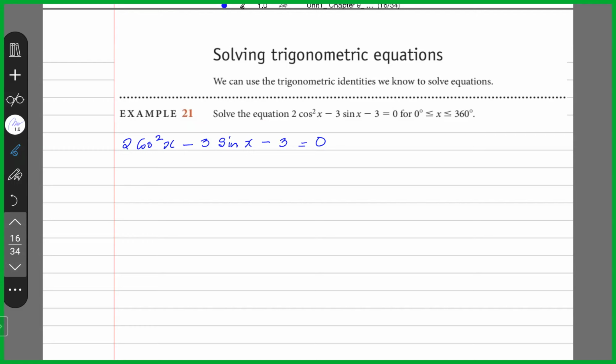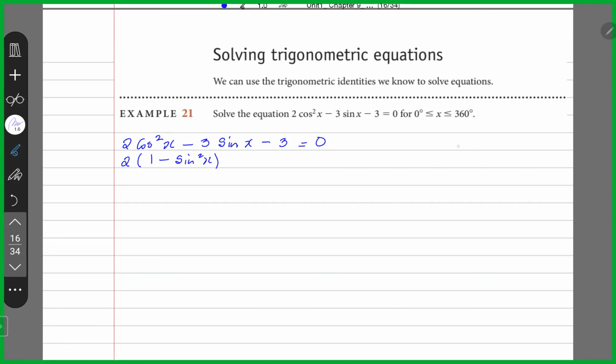All right, what I notice here is that this is a quadratic equation, because the highest power of the unknown is square. I also notice that I can get the entire equation in terms of one trig ratio only, and that is the sine ratio, because cos squared x is equal to 1 minus sine squared x.